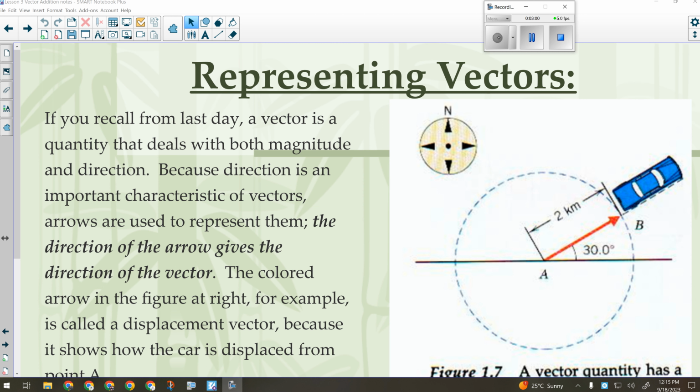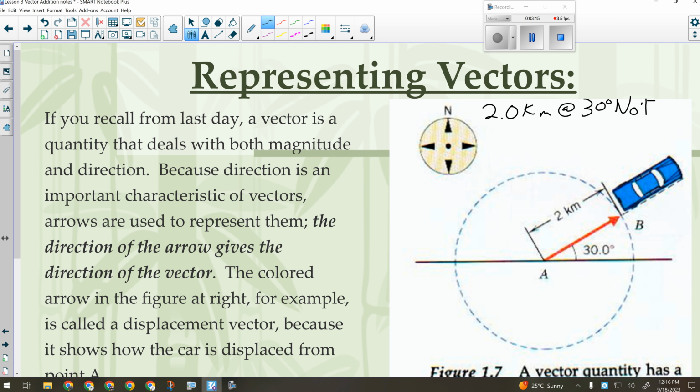So when you get a vector quantity like this one, which I said was going to be 2 kilometers at 30 degrees north of east, that means that I went 30 degrees from east.